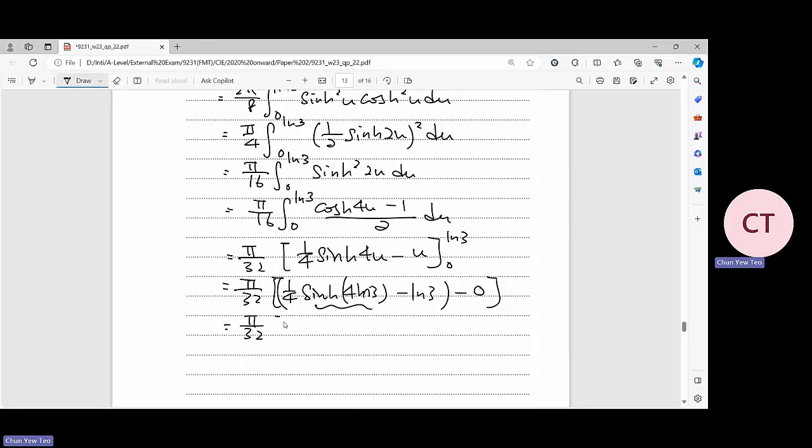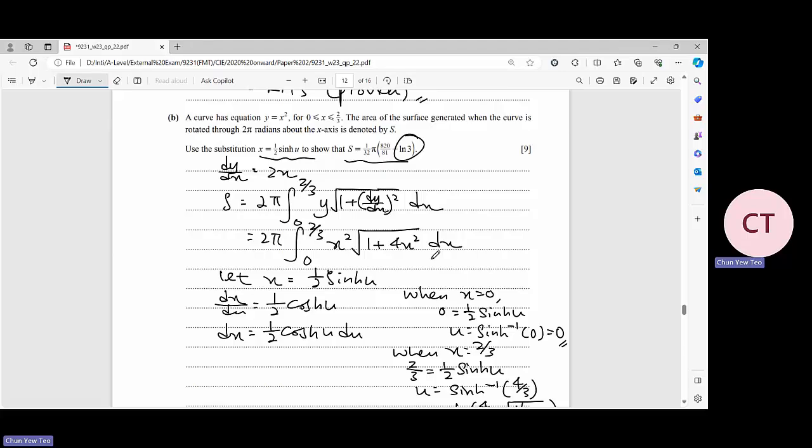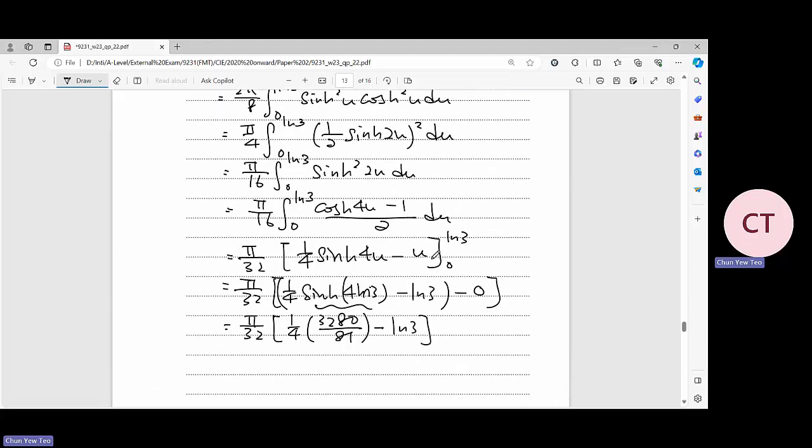Just directly use the calculator. This will be 1/4, giving you 3280 divided by 81 minus a ln 3. Okay, but 3280 can be divided by 4, right? 3280 divided by 4 is 820.